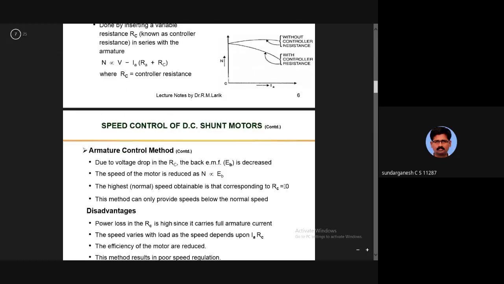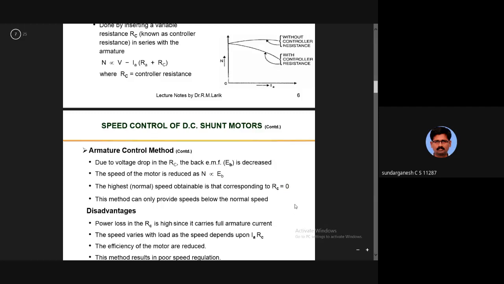So in this armature control method, we are using a controller resistance Rc. Some voltage drop occurs in the Rc, so the back EMF is reduced. Since back EMF is directly proportional to speed, the speed is also reduced. The highest speed obtained by this method is 100%, sorry, not 0.